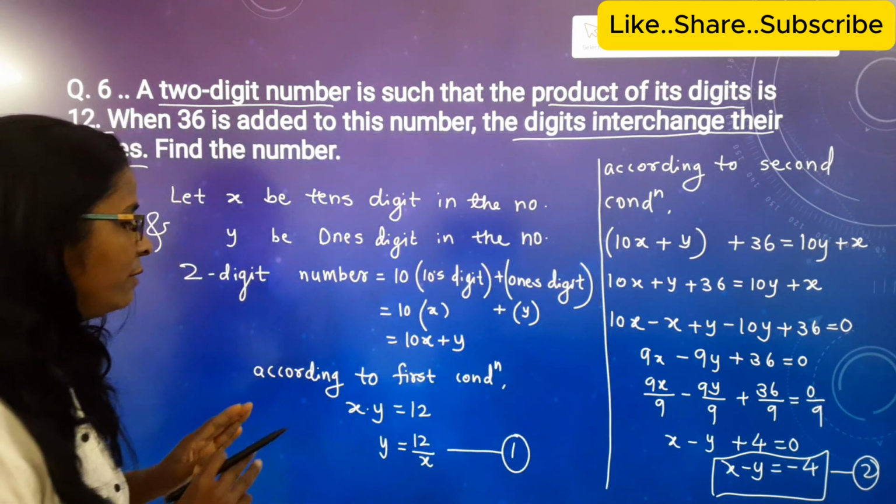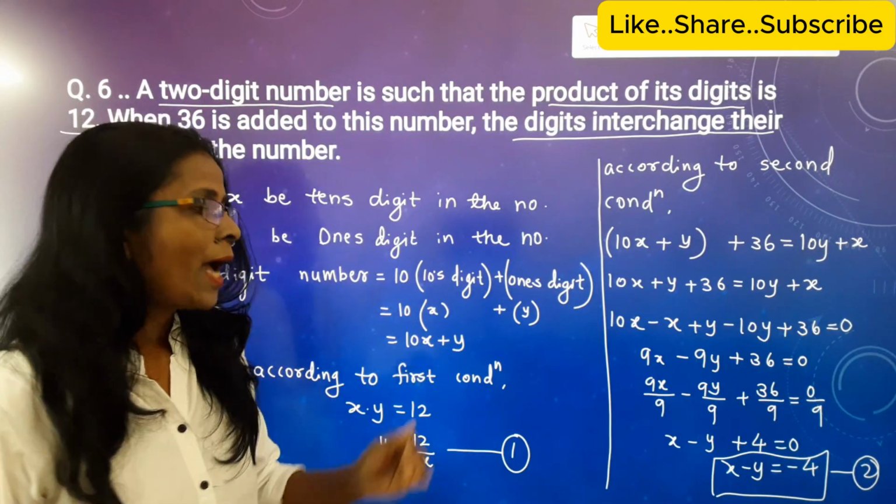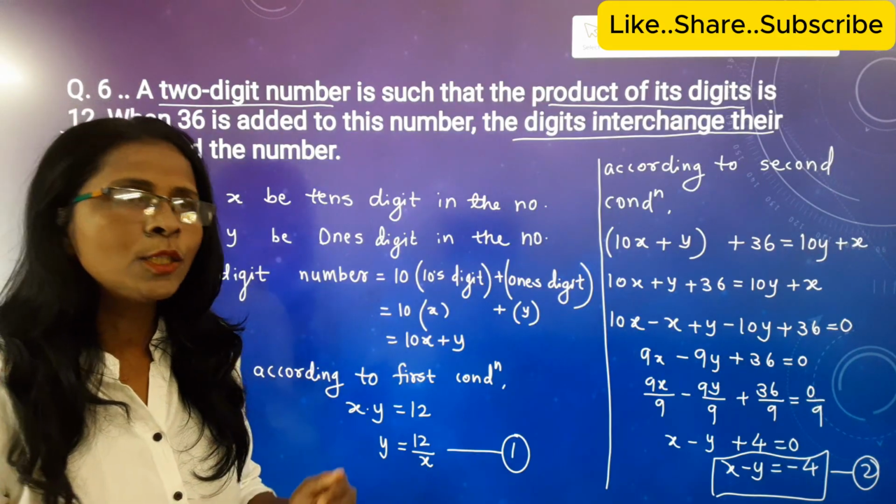So now here the first equation is y is equal to 12 upon x, and the second equation is x minus y is equal to minus 4.